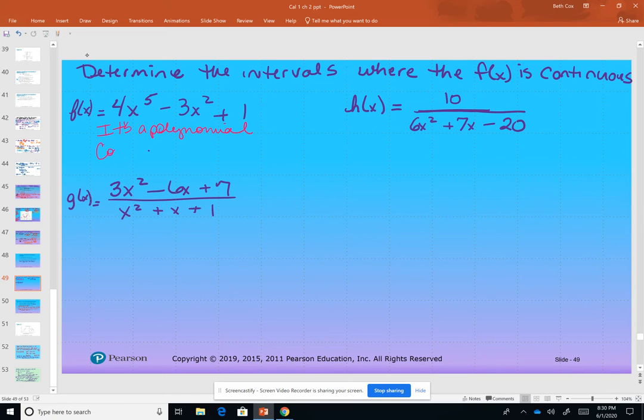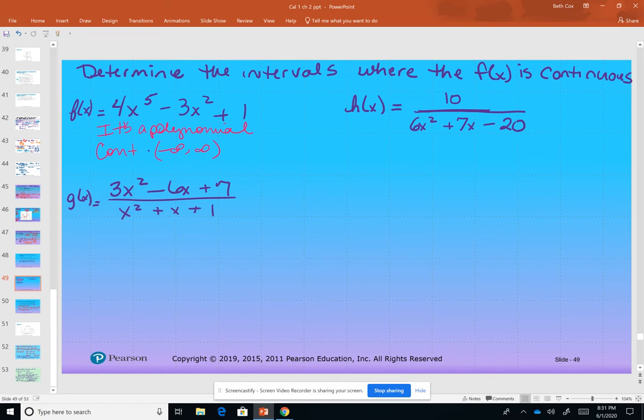Now, the other two are rational functions, so we need to look at the denominator and determine where it equals 0, because the function is not continuous at those points, since it's not defined at those points. So let's look at the h.